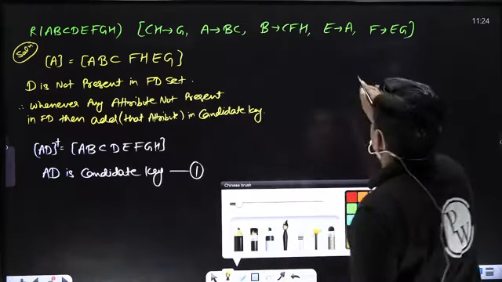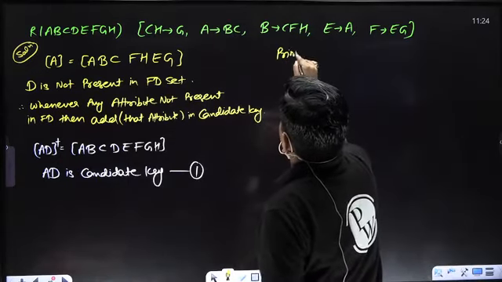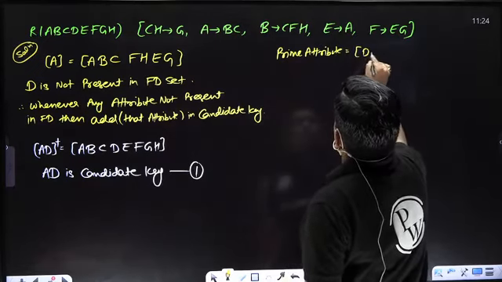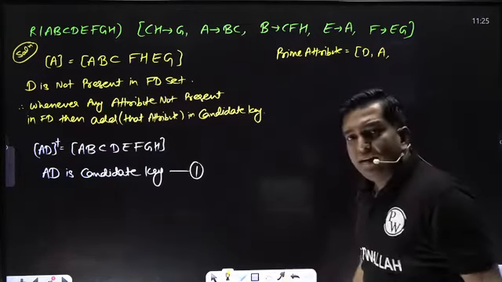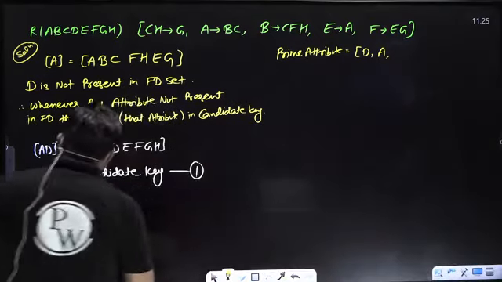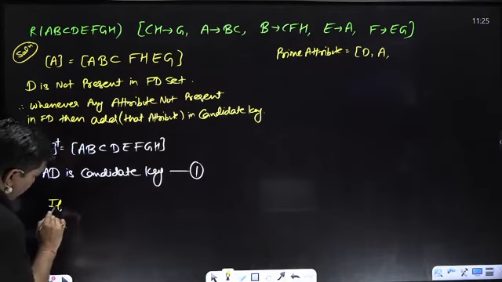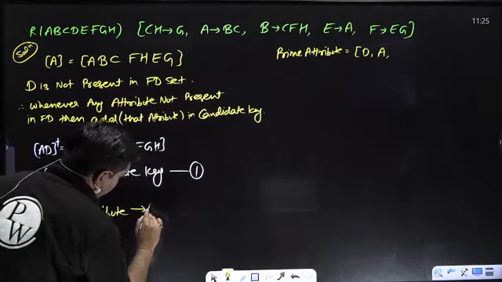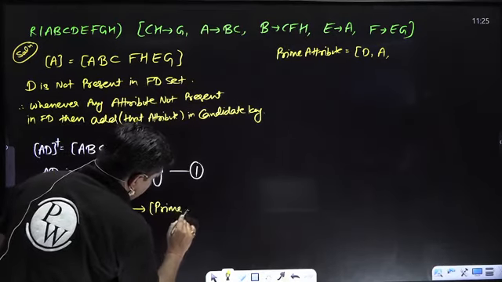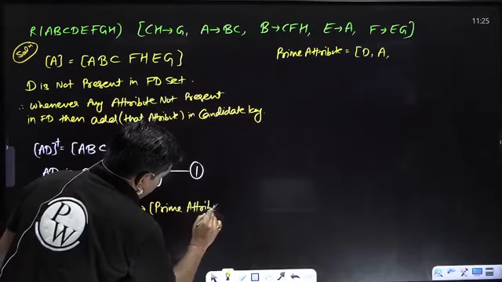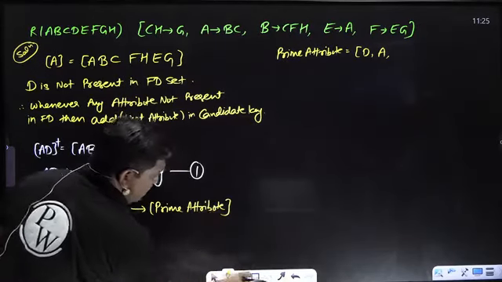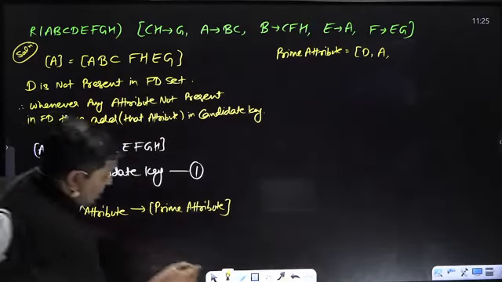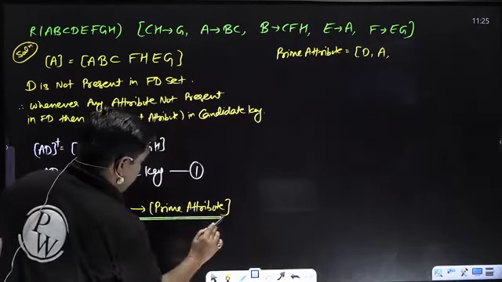Here I make a list of prime attributes: D and A. Now what we have to check? We have to check if any attribute X determines a prime attribute, then we have multiple candidate keys. If we have this type of case, then we can say there are multiple candidate keys.